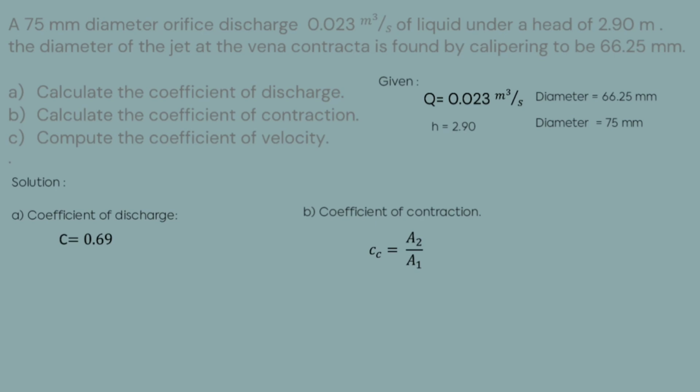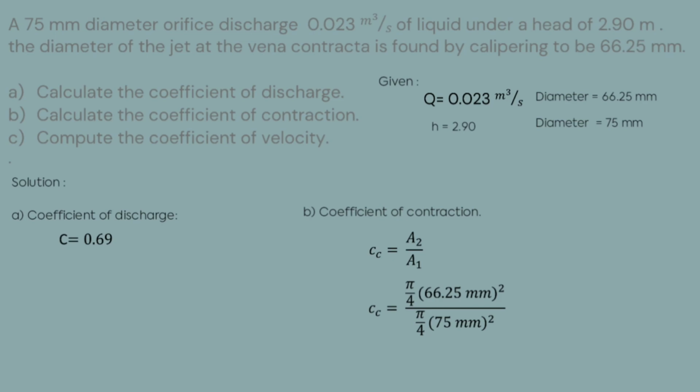So next, we are going to calculate the coefficient of contraction using the equation: coefficient of contraction equals the area 2 over the area 1. So our area 2 is pi over 4 multiplied by 66.25 millimeter squared. So this is the diameter of the jet at the vena contracta.